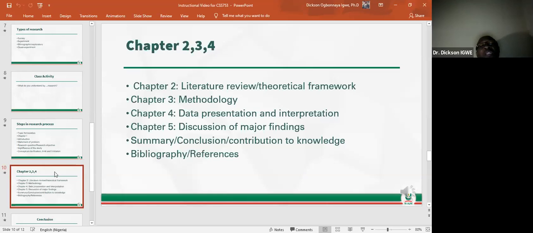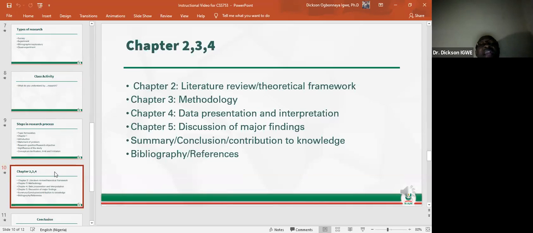The next is chapter 3, which is methodology. Methodology here x-rays all the various methods that you are adopting to use and arrive at results in the research journey. Data presentation and interpretation, very important, chapter 4.